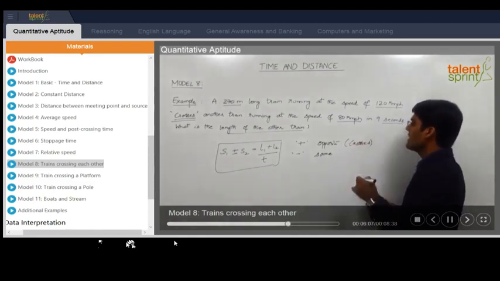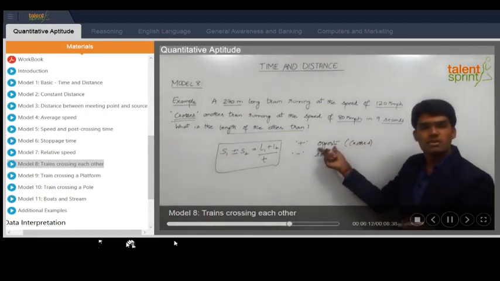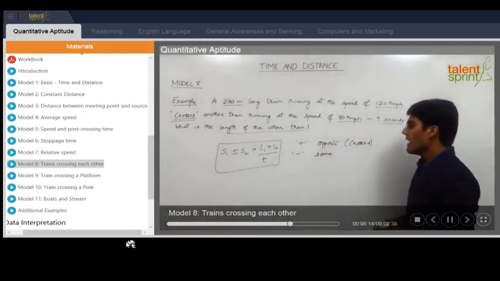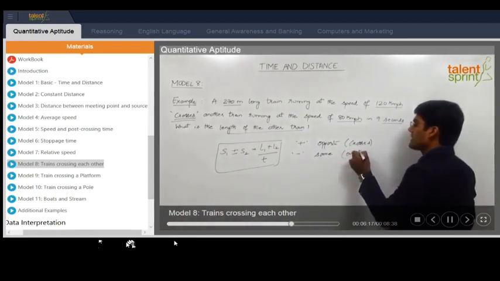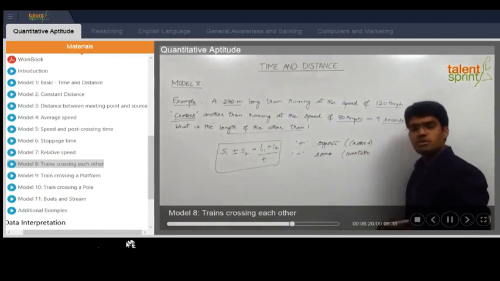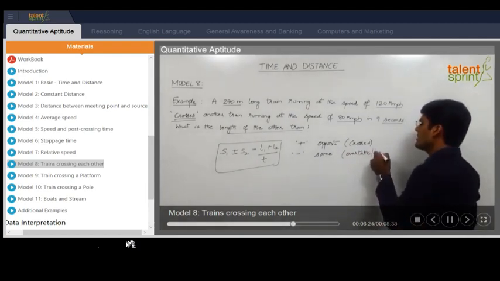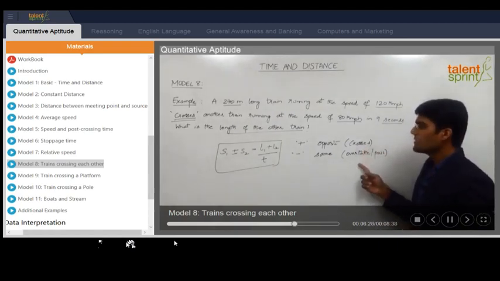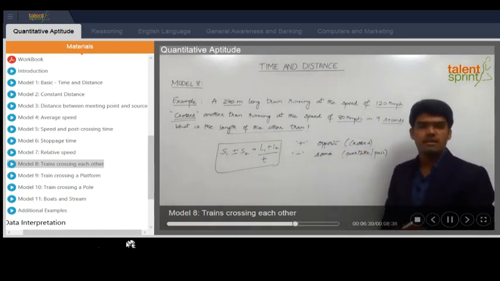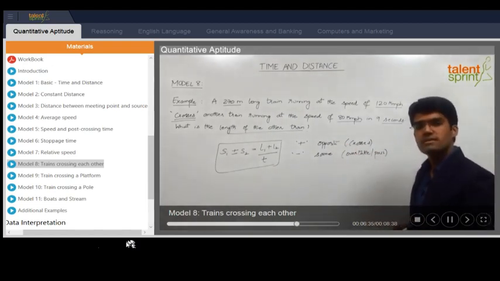So remember, whenever the word cross is used, we always take the equation of opposite directions. And for same direction, the wording may be overtake or pass. Why? Because overtaking is possible only when the two bodies are running in same direction. Or in general, it can also be referred to as pass. So depending on these words, we need to decide whether the two trains are running in opposite direction or in same direction. Now here it is clear that the two trains are running in opposite directions.